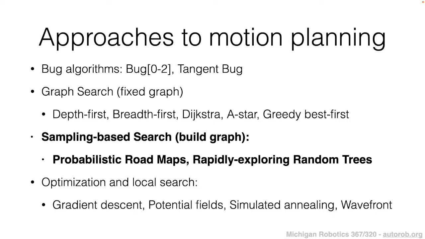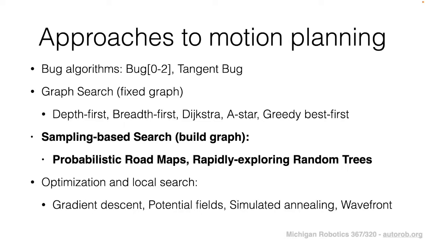So recently we looked at, for example, a set of relatively simple reactive control algorithms, which were the bug algorithms, so bug 0, bug 1, bug 2, and tangent bug. Which were in contrast to the algorithms that we looked at earlier in the semester, which were deliberative planners based on graph search, especially the algorithm A star, which we of course implemented in Project 1.